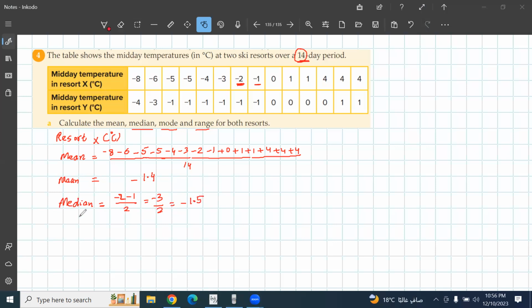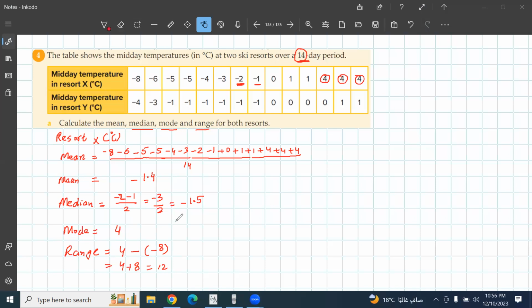Next, we will find the mode, which is the most repeated value in the set of data, which is 4, coming 3 times. So the mode is equal to 4. Lastly, the range is the maximum minus the minimum. 4 is the maximum value and the minimum value is -8, so this gives me 12.